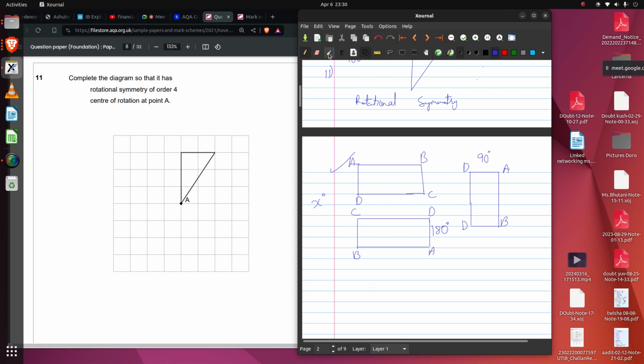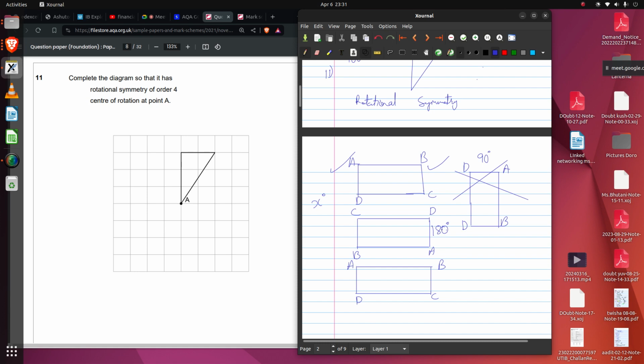Like this rectangle example which I have given, I have rotated once 180 degrees. When I rotate it again, it will again come back to the original position, no? A, B, C and D. So how many times have I rotated the original rectangle?